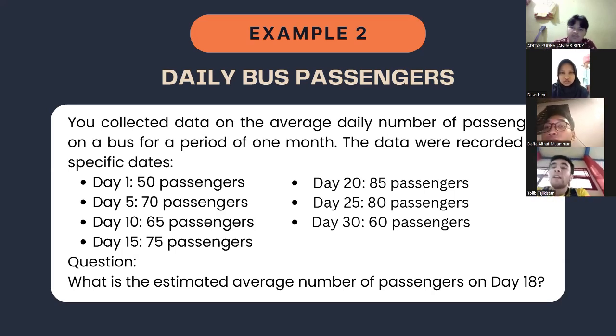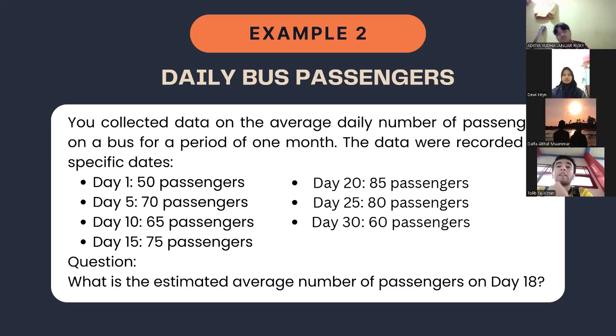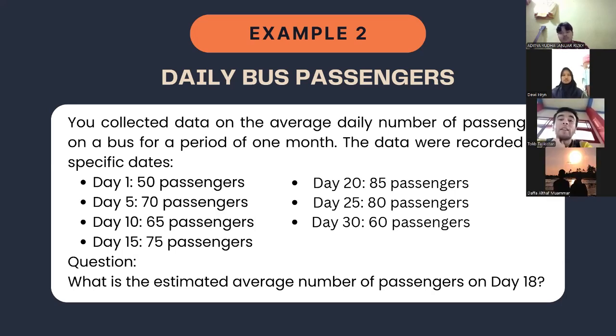The data were recorded for specific dates. On the first day the bus had 50 passengers. On the fifth day it was 70 passengers. The 10th day was 65, 15 was 75, 20 was 85, 25 was 80. At the last, day 30, it was 60 passengers.